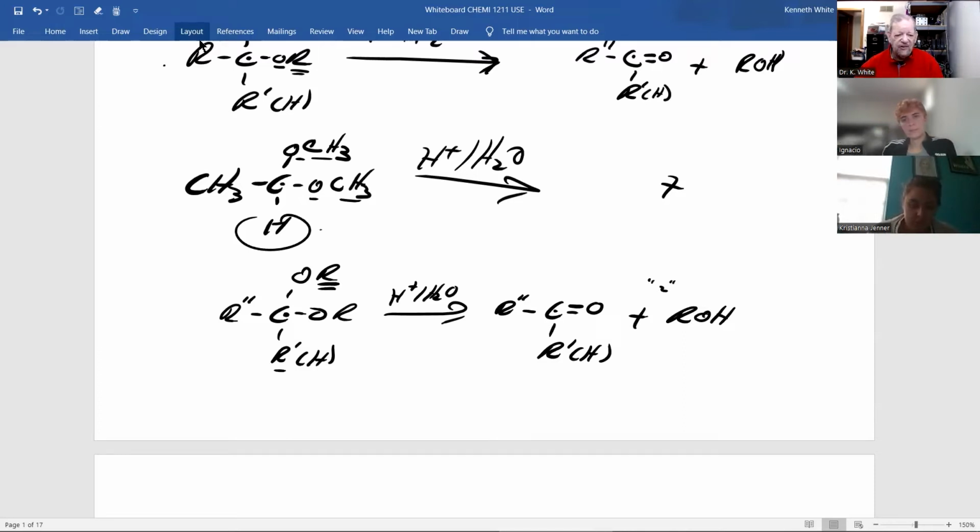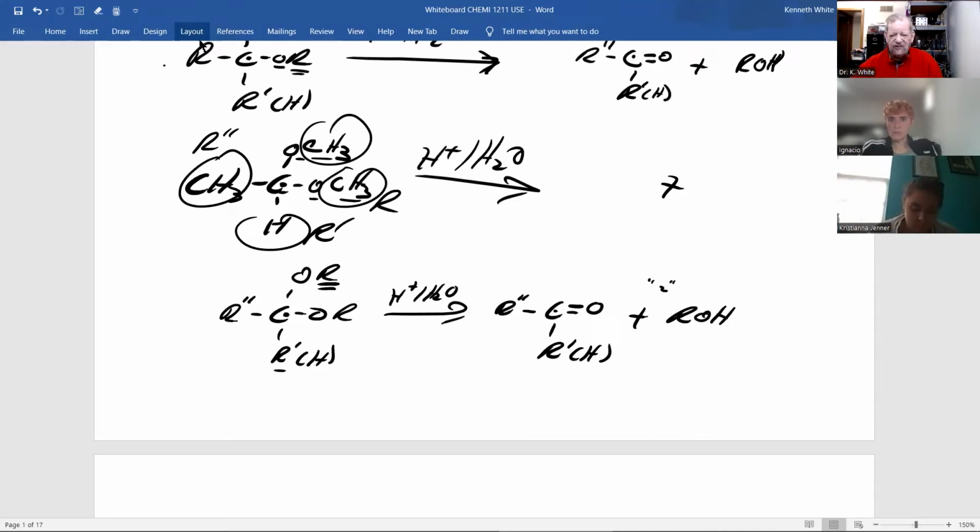So this is our R prime, our R double prime, R. Keep your eye on this carbon with the two oxygens. It becomes this carbon. Our R prime hydrogen, our R double prime methyl. So I get this aldehyde. And then my R is methyl again.